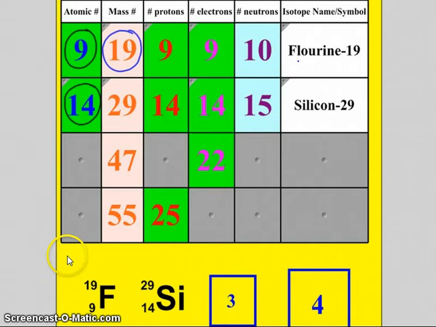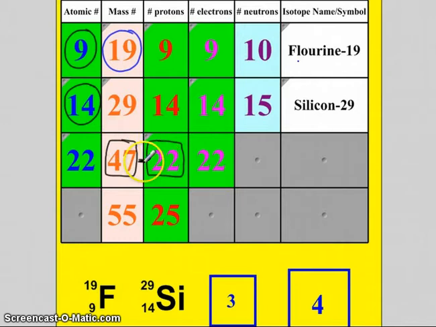Another example, this time I'm given the mass number and the number of electrons. And again, I can figure this all out. So, if I have 22 electrons and all atoms are electrically neutral, I have 22 protons, which is the atomic number, ape. Since I have the mass number, in order to find the neutrons, I must subtract. So this time I'm going to take my mass number, which is 47, and I subtract out the number of protons.